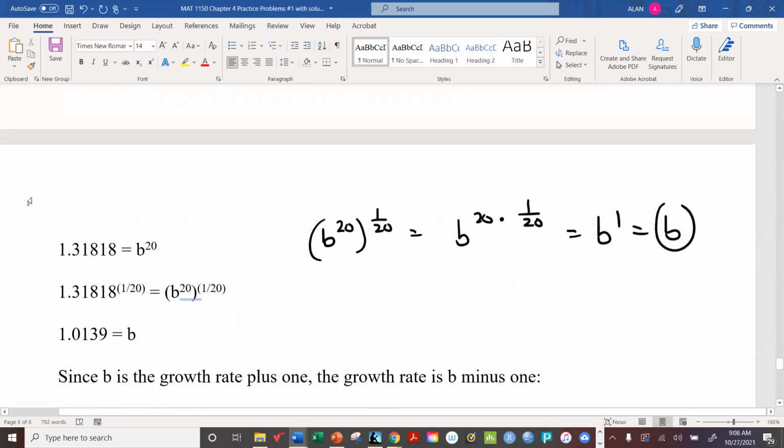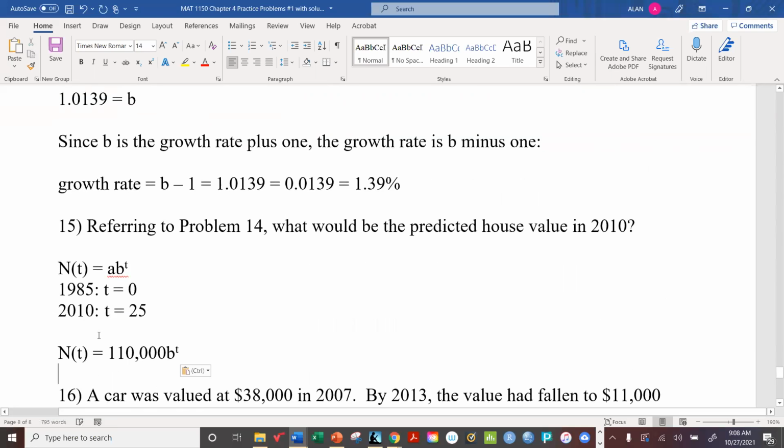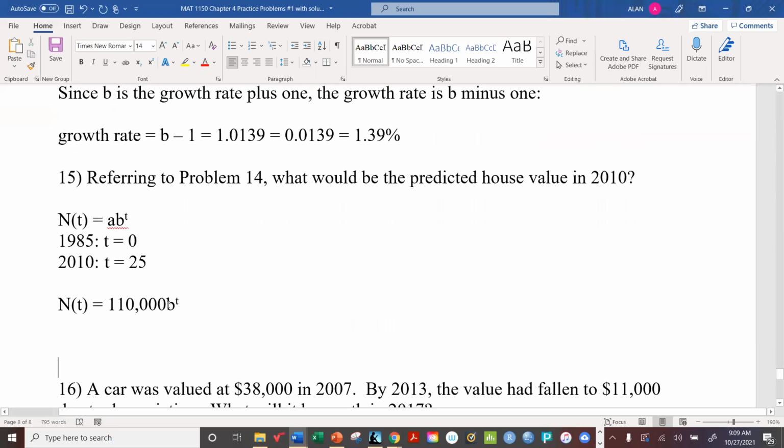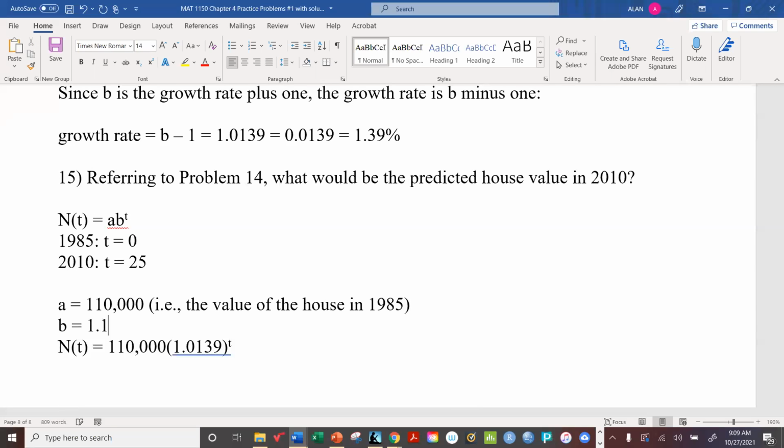We can replace this b now with 1.0139. As we previously knew, a was 110,000, the value of the house in 1985, and we've just gotten through proving that b is 1.0139 from problem 14.